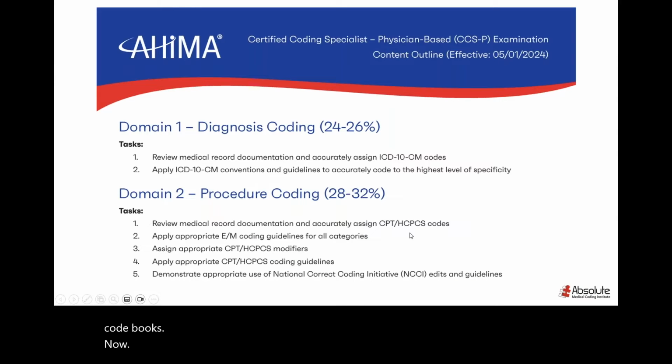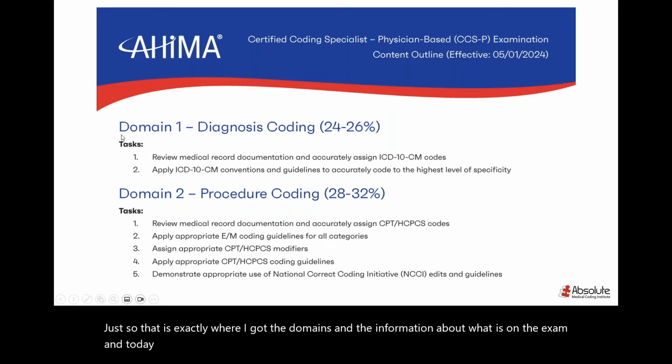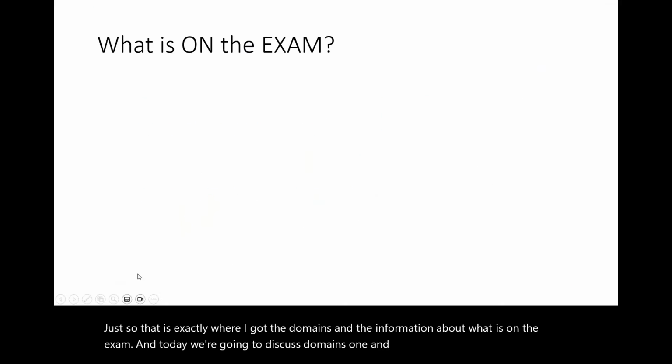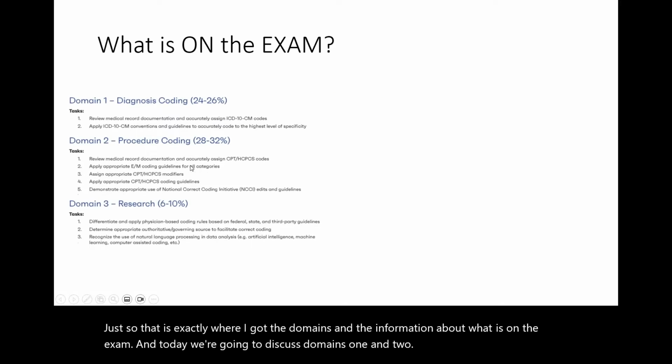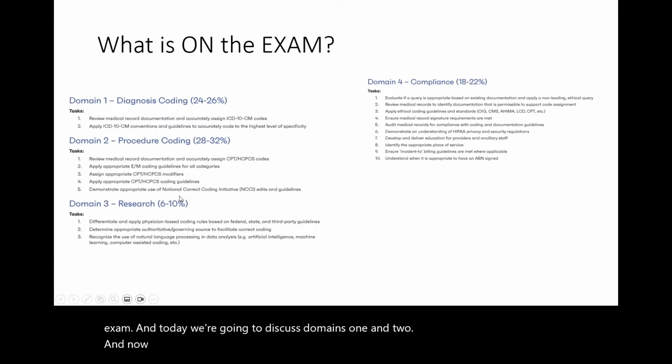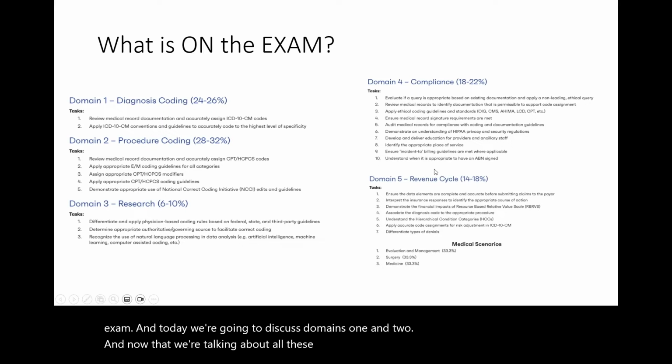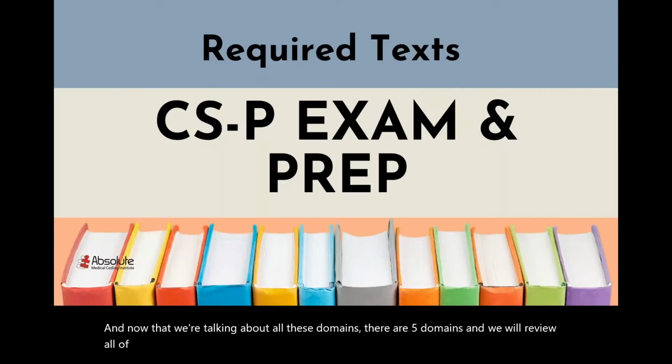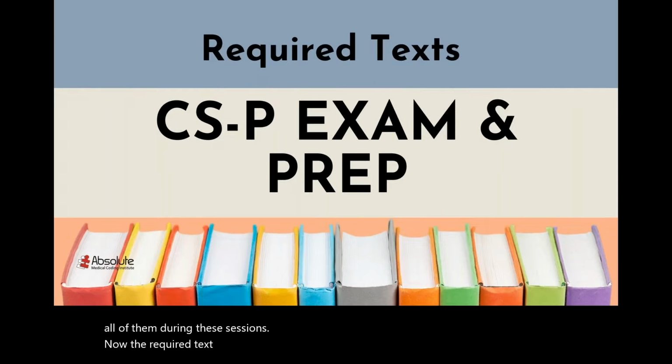That is exactly where I got the domains and the information about what is on the exam. Today we're going to discuss domains 1 and 2. There are 5 domains, and we will review all of them during these sessions. Now, the required text for this.